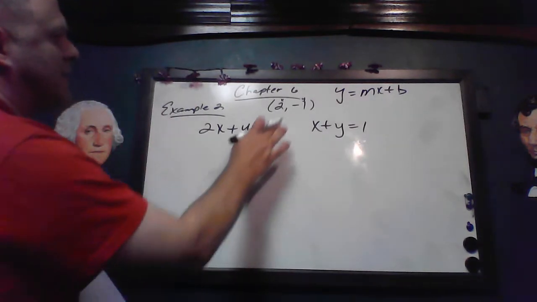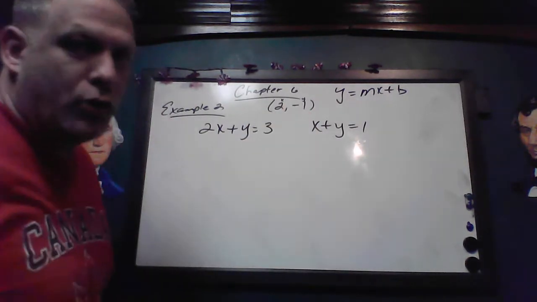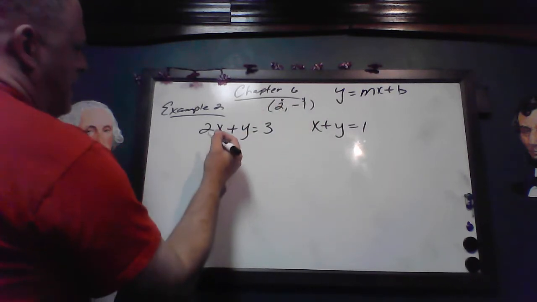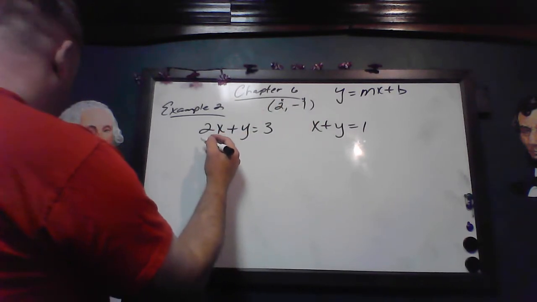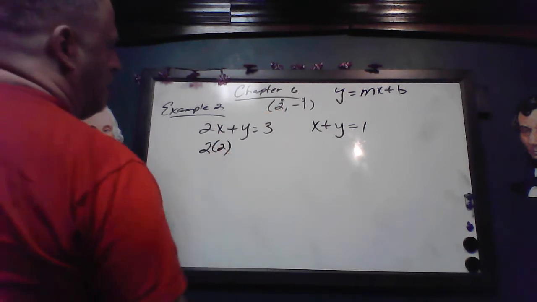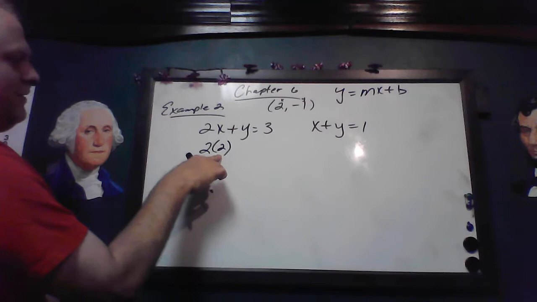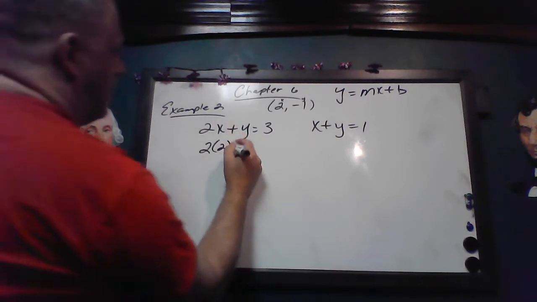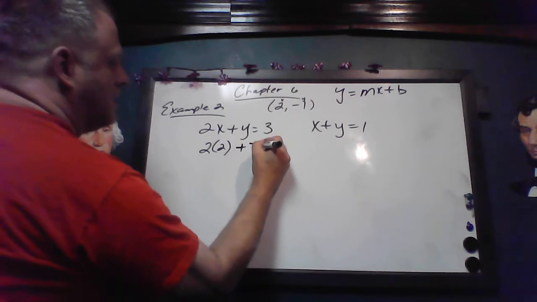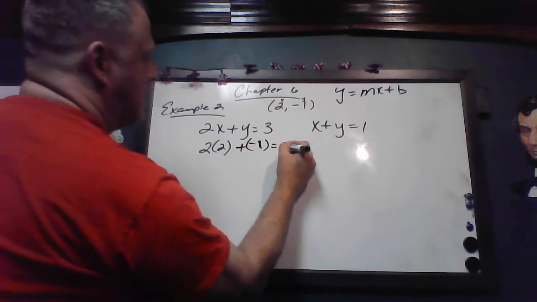Right, so now let's substitute those two in from our ordered pairs. These are our ordered pairs. We're going to substitute the 2 for the x, plus the -1 for the y, equals 3.